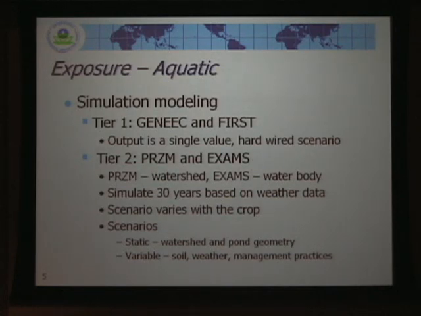And that's the water body geometry and the watershed geometry. Those are things that are very hard to control for, and particularly for the eco-risk, we have a lot of trouble getting information on how ponds vary from place to place across the country. So in lieu of trying to gather that data, which we haven't been able to do, we're using a standard watershed across all the country, which at least makes sure that everything's on an equal footing.